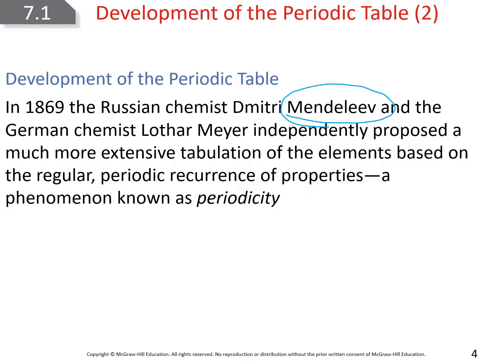We're going to come up with a better way of organizing these elements that we know exist. And we're finding that these elements have regular, repeating, periodic properties. Okay? We refer to that as periodicity.